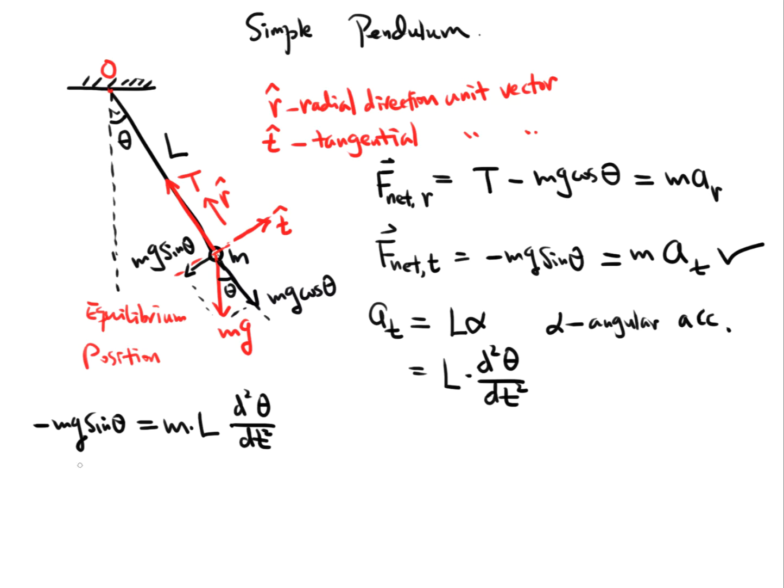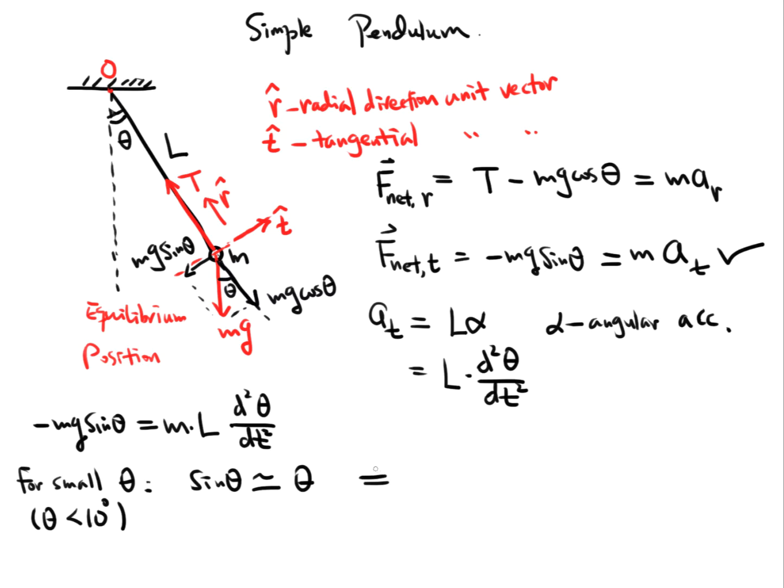So let's do one approximation here for small theta angle. Sine theta is equal to theta. Okay, so that can be satisfied when we set up the oscillation here. So let's say we pull it to a small angle, and this angle is less than 10 degrees. Okay, usually less than 10 degrees, then we have this condition here.